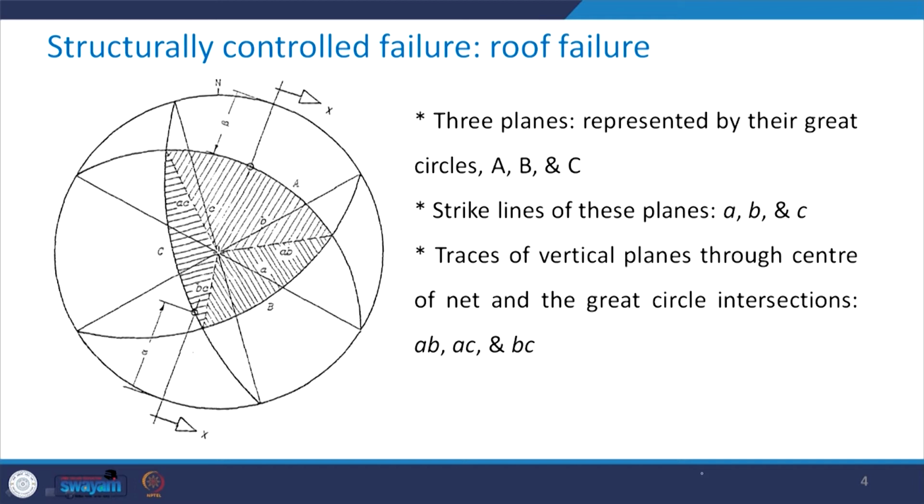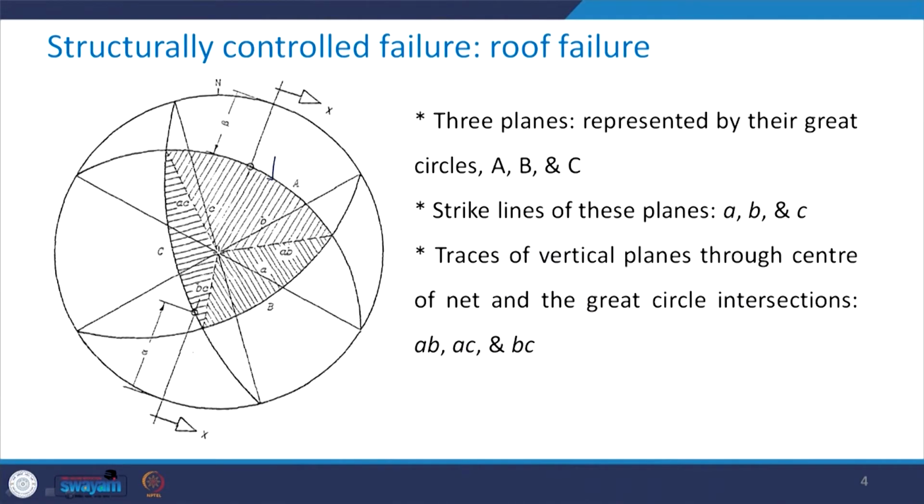You all know that any plane, it can be a bedding plane, a joint, any plane, can be represented on the stereo plot with the help of either the great circles or the poles.